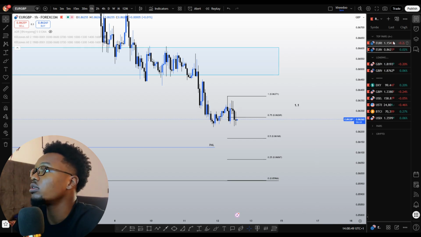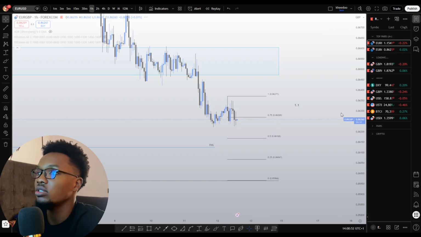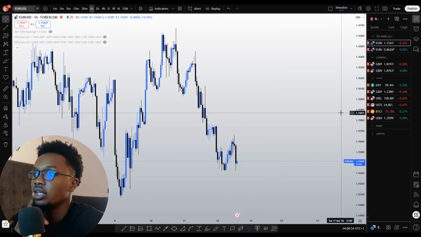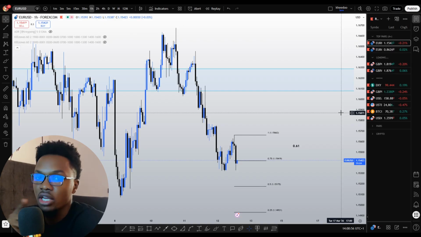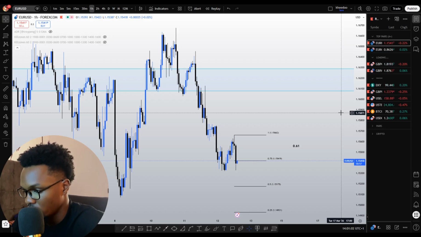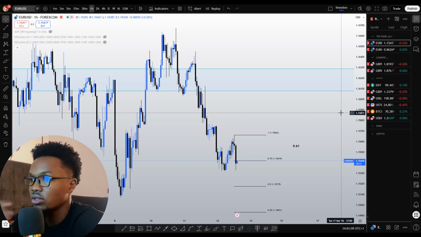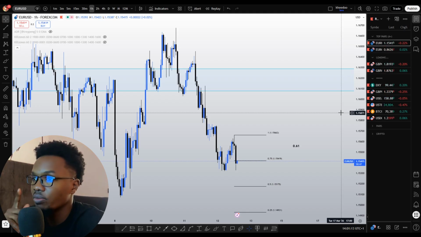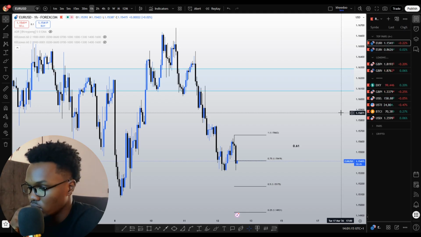So first of all, EUR/USD. Since it's currently at my entry, I'll execute at market price. Or should I just do that? I don't want to get filled lower than my entry because it's going to mess up my risk to reward. So let me just set the limit entry.